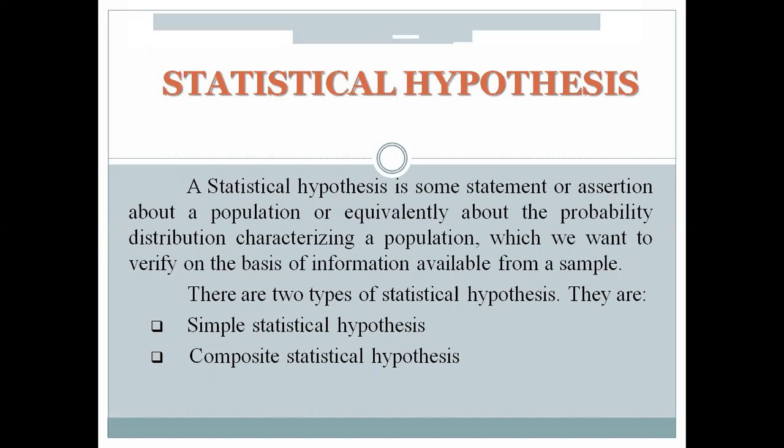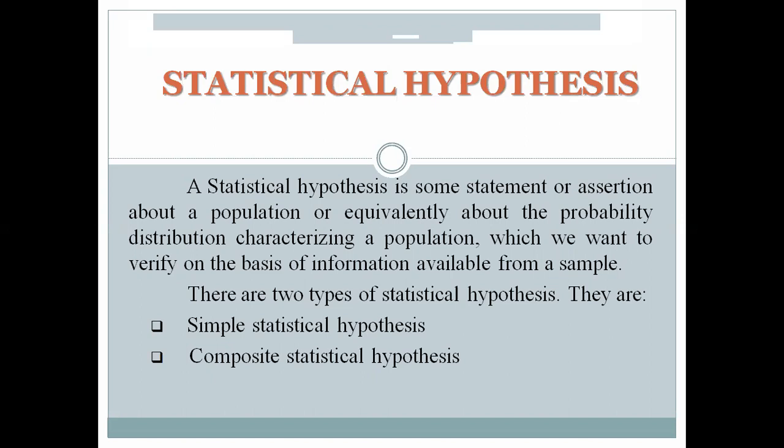Then we give a strong, firm statement about the population or its probability, and that is called a statistical hypothesis. Commonly, statistical hypotheses are of two types.